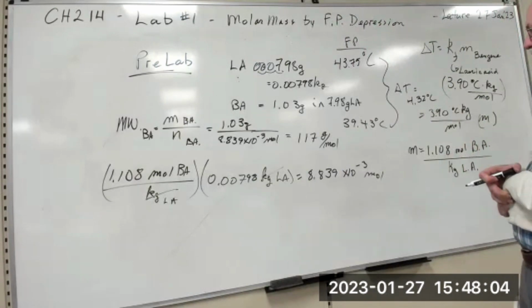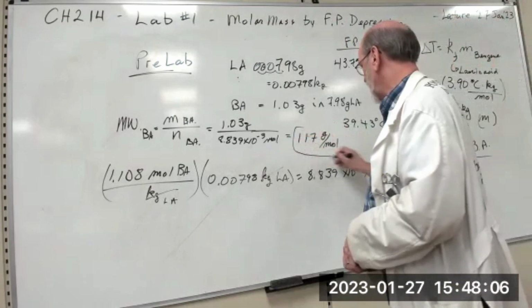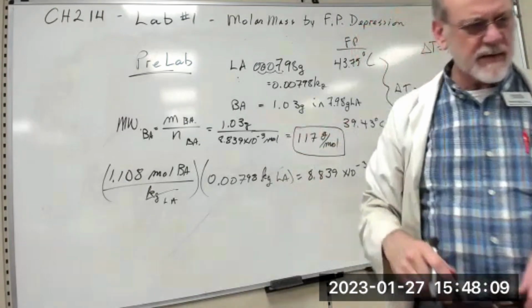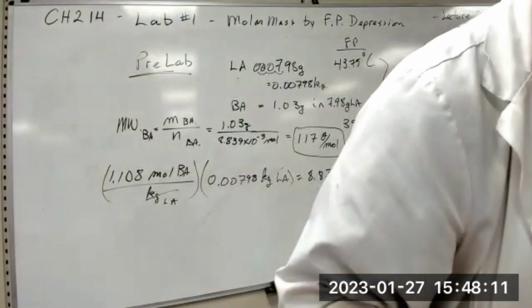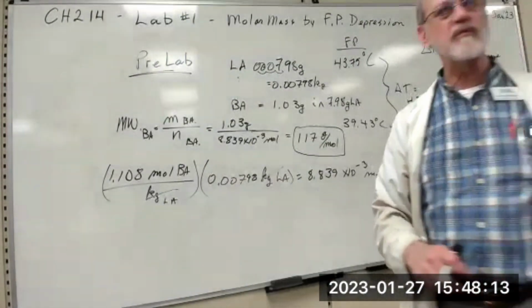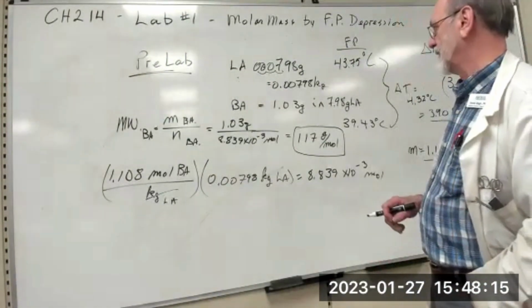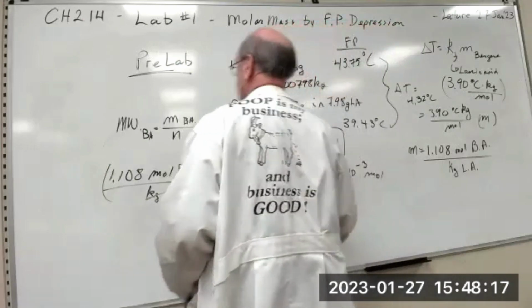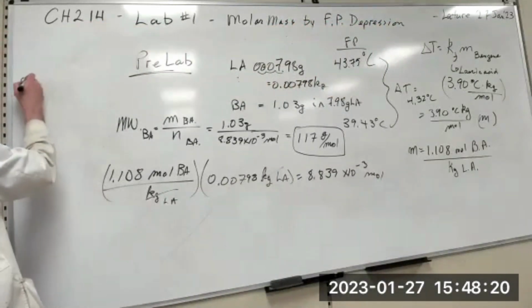So how does that compare to the accepted value? Let's see, is the accepted value reported here? 122 grams per mole is the accepted value. So if we say, what's the percent error?